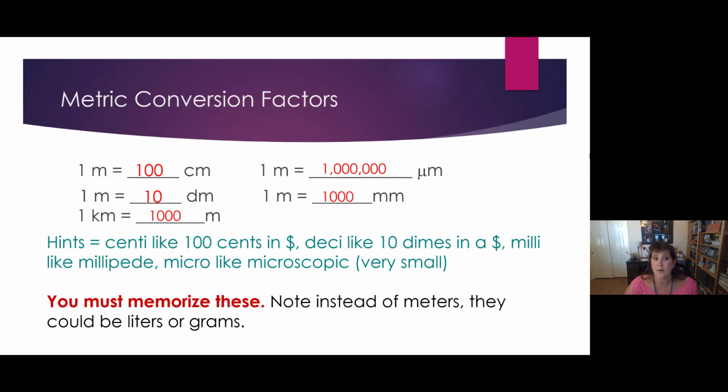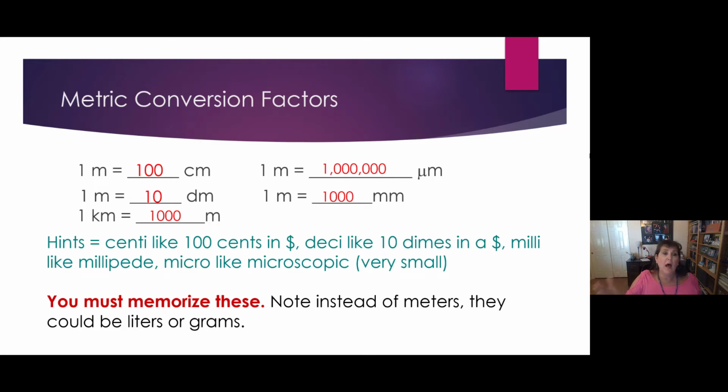Now, here's the kicker. I could replace meter with liter or grams, and you have the same 5 relationships. For example, a liter is 100 centiliters. A liter is 10 deciliters. A kiloliter is 1,000 liters, etc. Or I could replace it with grams.